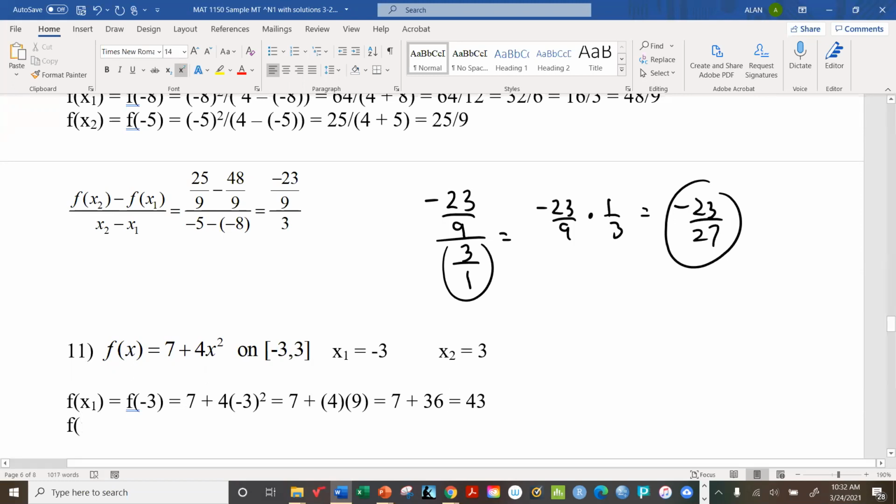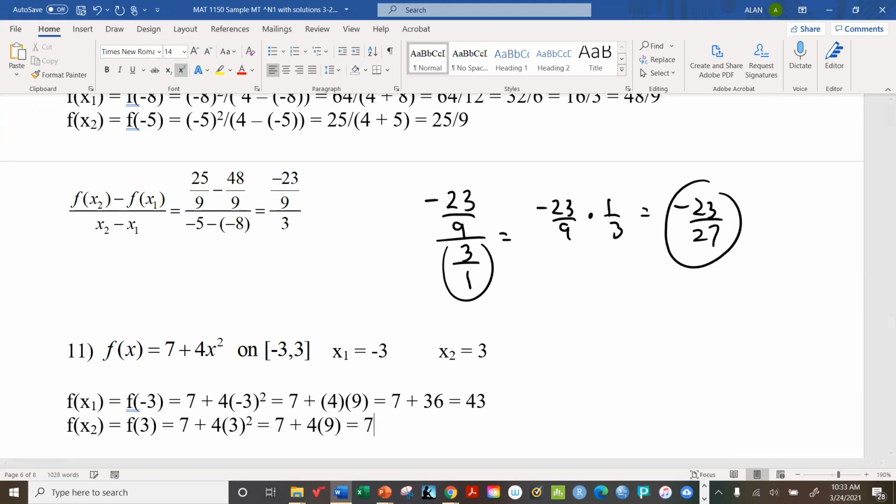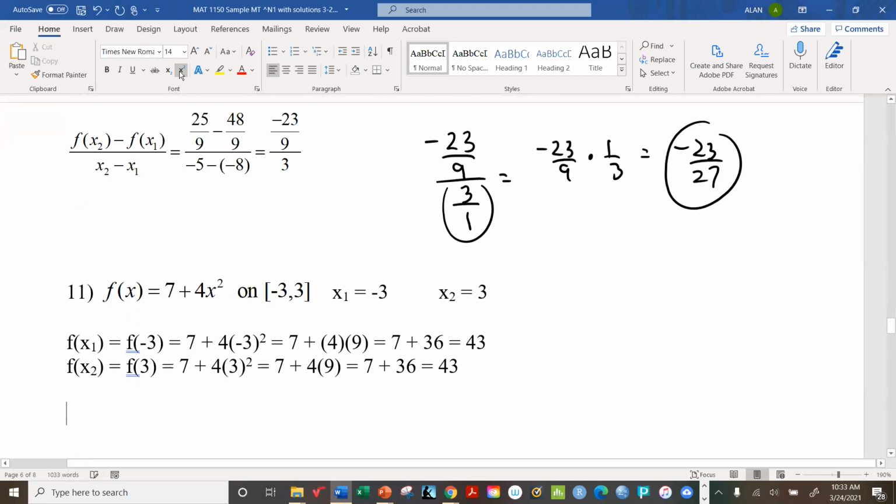F of x2 equals f of positive 3, which is 7 plus 4 times 3 squared. 7 plus 4 times 9. Well, what do you know? It's 7 plus 36, 43. So it's the same.